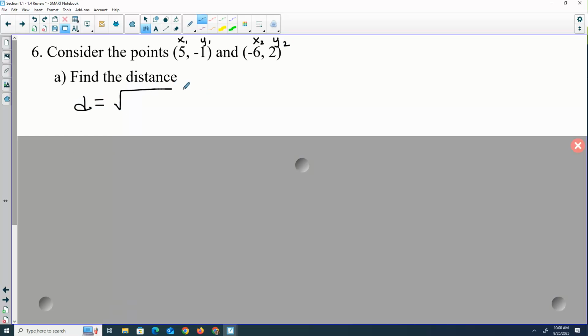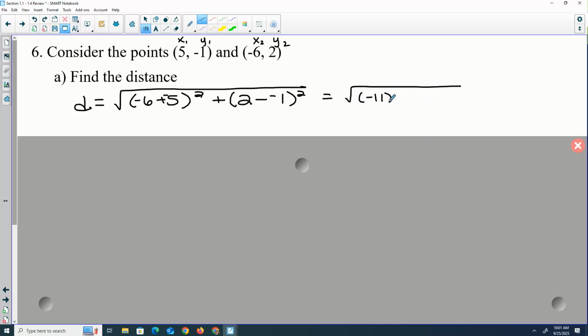So our distance formula, the square root of x2 minus x1 squared plus y2 minus y1, so minus negative 1 squared. So negative 6 plus negative 5 gives me a negative 11. 2 minus negative 1, so 2 plus 1 is 3. Negative 11 squared is 121. 3 squared is 9. I get the square root of 130.